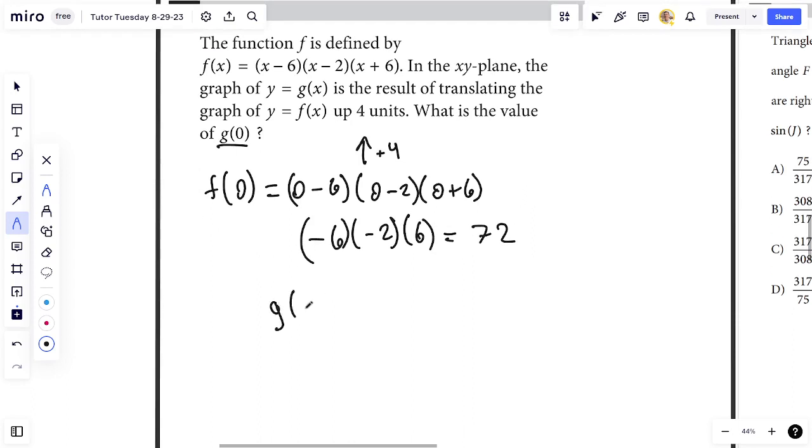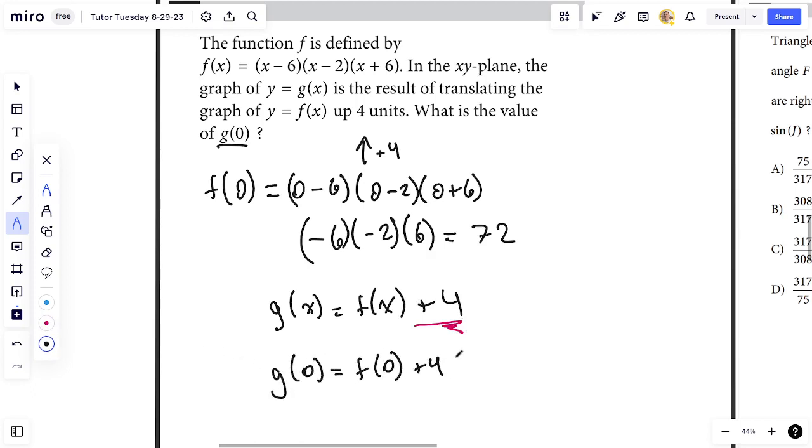g of x is equal to f of x plus 4. Let me underline that. So that means g of 0 is just going to be f of 0 plus 4. So yes, the answer should be 72 plus 4 equals 76.